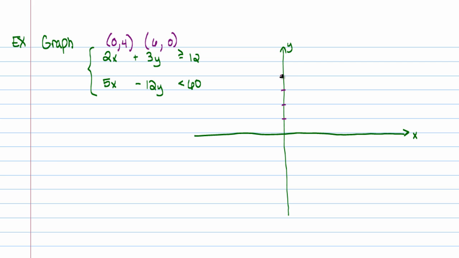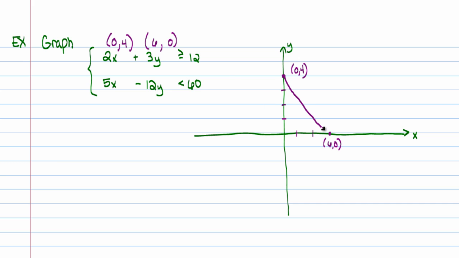So I'll just say this is 2, 4, 6. So this is 6, comma 0, and this is 0, comma 4. Those 2 points I'm going to go ahead and connect up with a solid line because this is greater than or equal to. So I'll go ahead and do that.